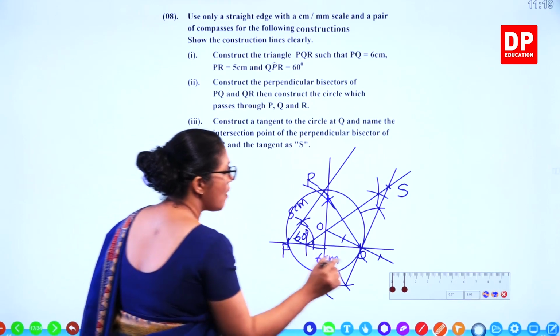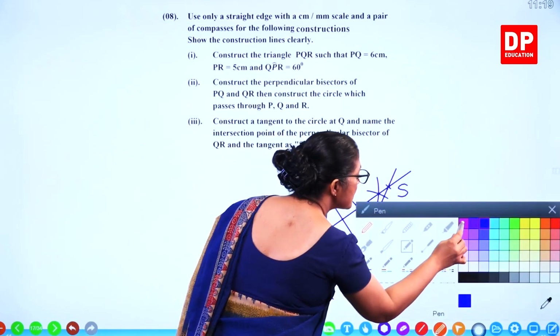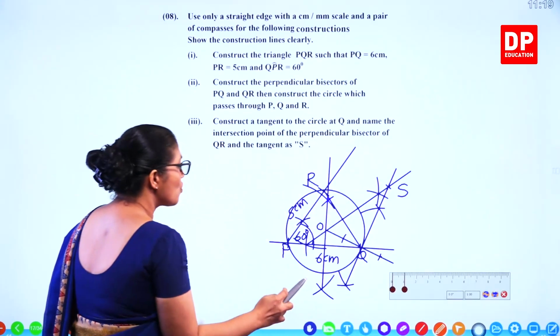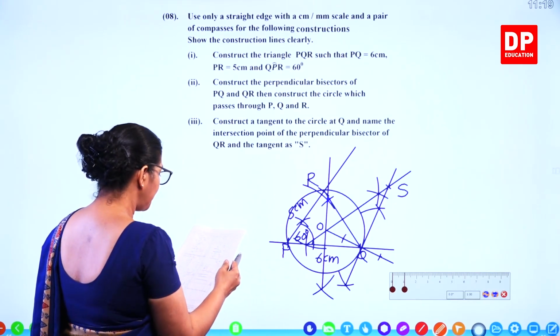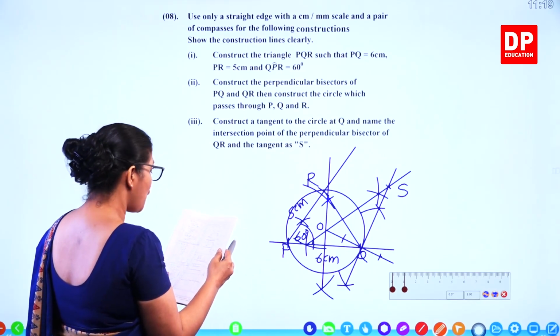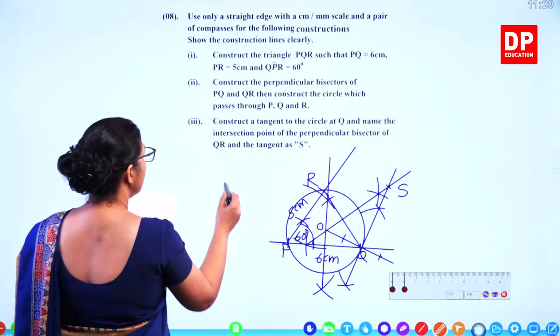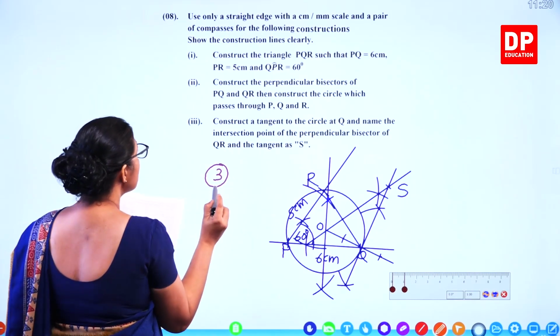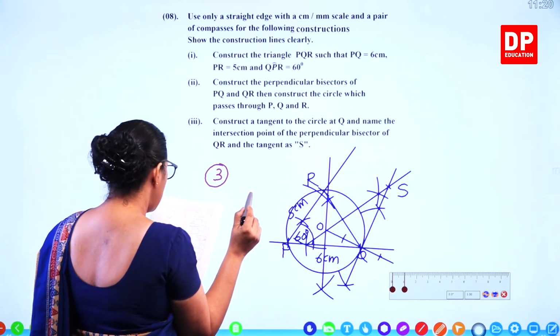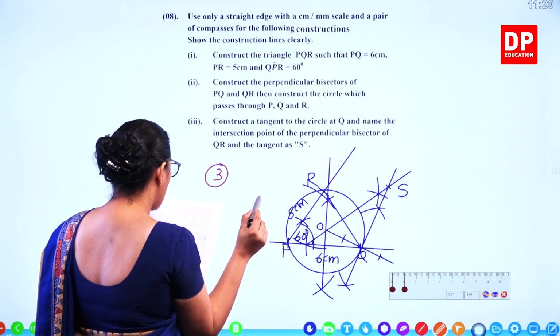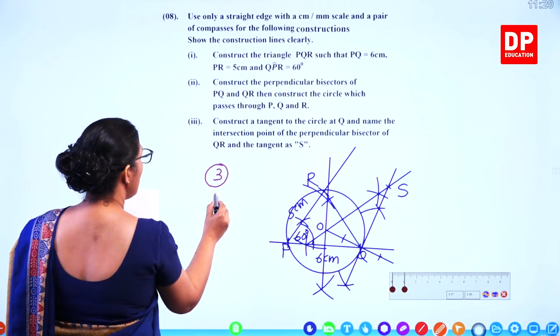So we'll give marks for these steps. So what are the marks? So 3 marks for drawing the triangle PQR. That's the first part. Then perpendicular bisectors, again 3 marks.